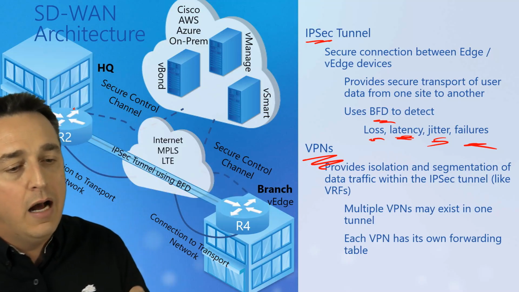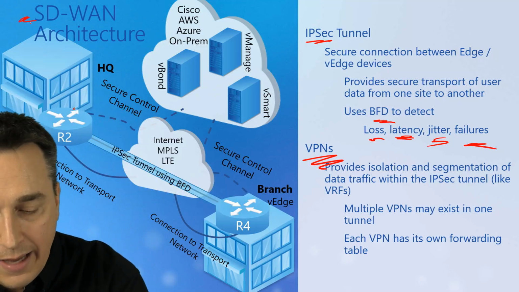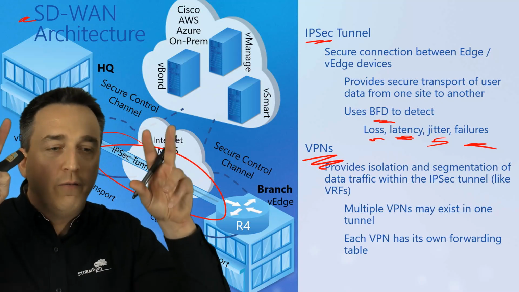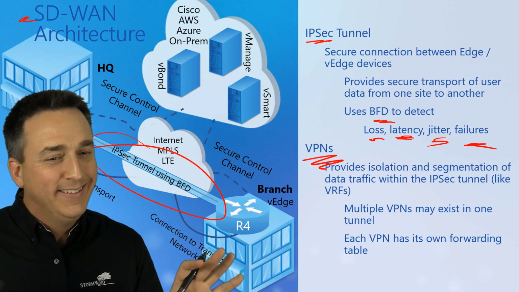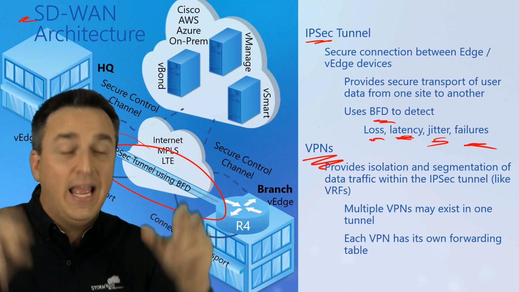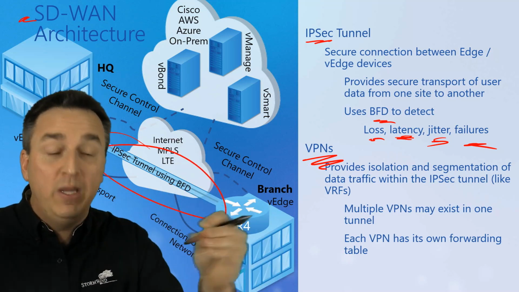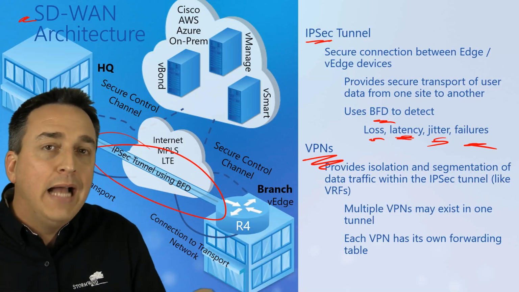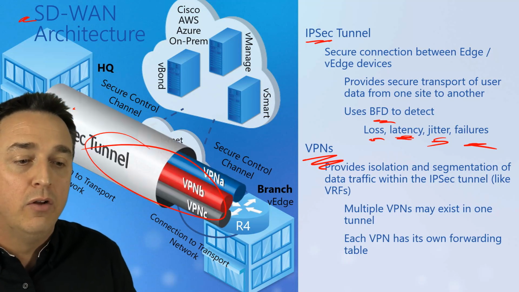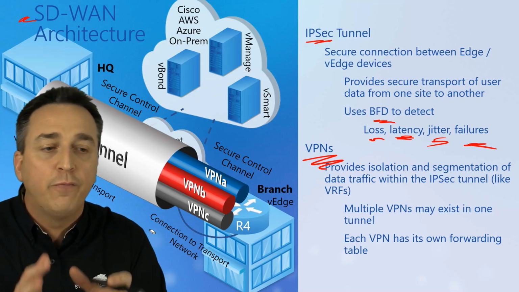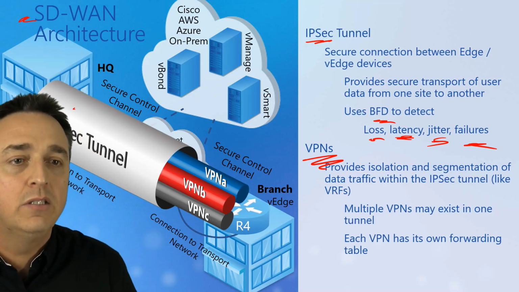See, on the exam, when it comes to SD-WAN, right, your IPsec tunnel, that's not your VPN, okay? Whereas when we talked about IPsec site-to-site VPNs, well, that was one VPN, that was your IPsec tunnel. That's essentially what we built. But with SD-WAN, our IPsec tunnel can be compartmentalized, or segmented, I should say, into different VPNs.